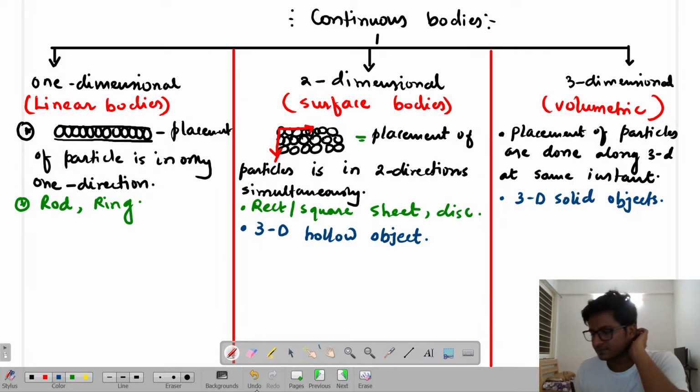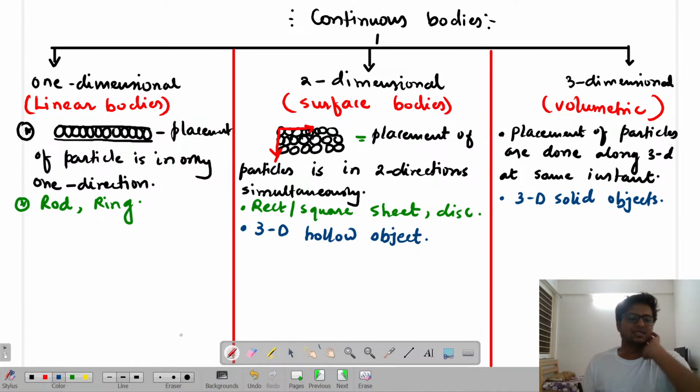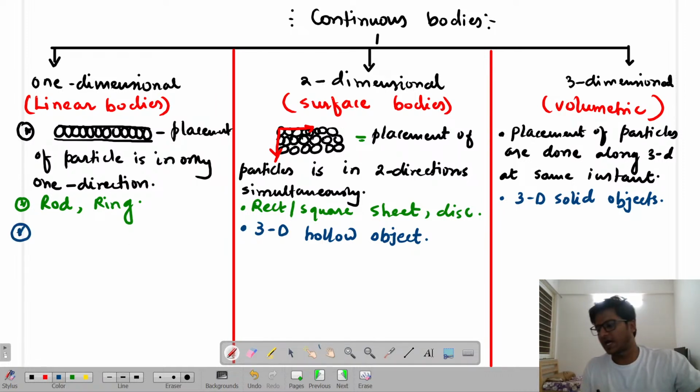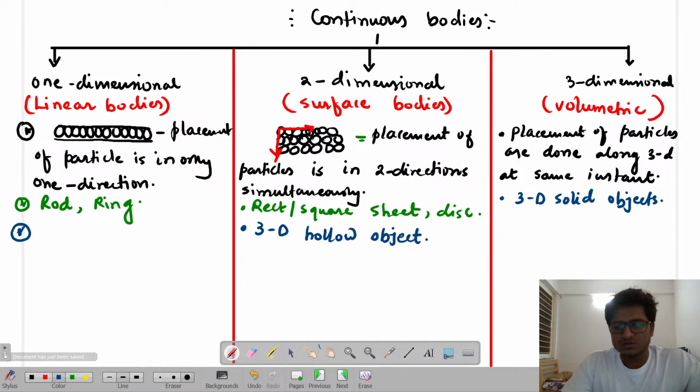Is that clear? This arrangement of particles actually visualizes different formulas also. That is why we have different formulas of density. Why did I separate the whole body into three different types? Because to consider three different types we should have a formula, isn't it? And that formula is provided by the density.